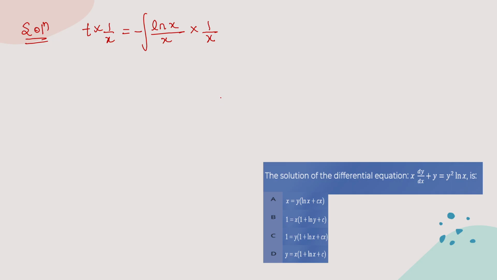Okay, now what should we do? We have to of course integrate it, right? So t by x is equal to minus integral of ln x... Substitution, I think substitution we can do here, right? Yes or no?